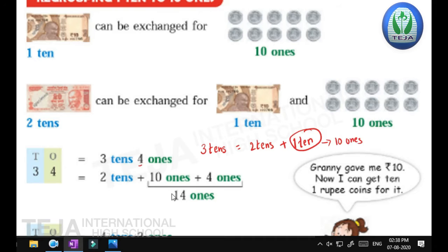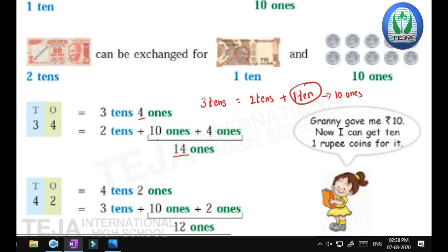Now already 4 ones are there, so here 4 ones. So 10 plus 4 equal to how many? 14 ones are there. 34 equal to 2 tens plus 14 ones. Okay, here Granny gave me 10 rupees. Now I can get 10 one-rupee coins for it. That means 1 ten is equal to 10 ones.